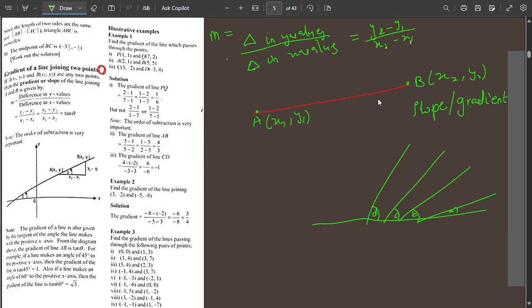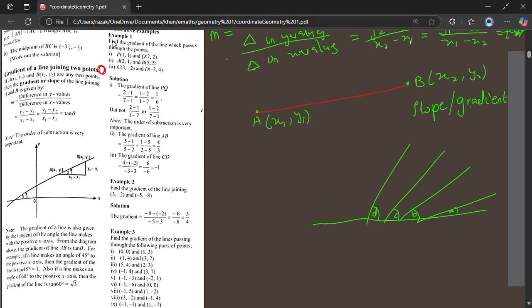y2 minus y1 over x2 minus x1. That's the formula for gradient. You can make it this, or it is also correct when you make y1 first, but when you make y1 first, then x1 should come first. And this is equal to tan theta. It's also equal to tan theta. Where is tan theta from? I'll explain where tan theta is from.